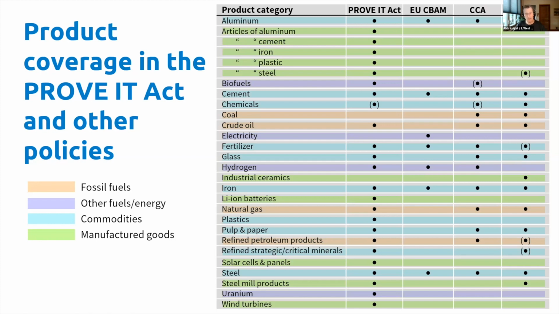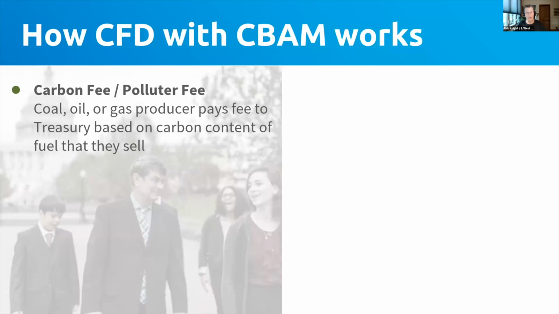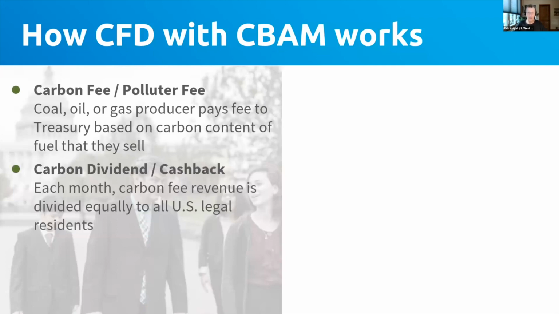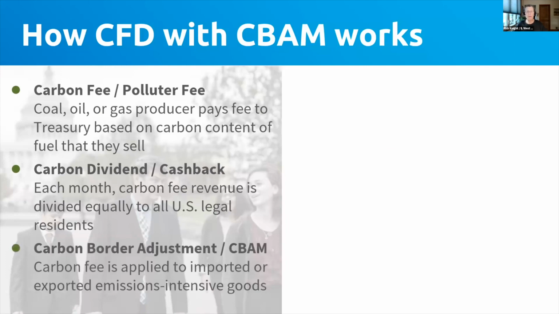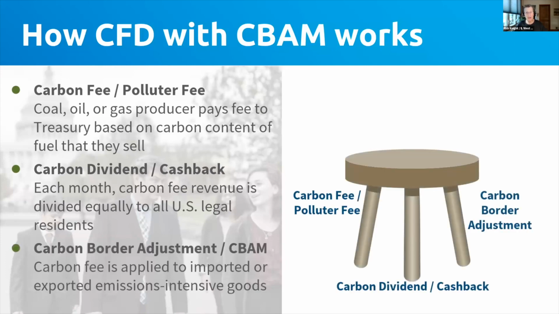So as Dana said, there are questions as to whether a CBAM would be in compliance with World Trade Organization rules if there is no internal carbon price. And this is why the carbon pricing bills, like the Energy Innovation Act, were designed where the CBAM is one of 3 complementary components. And the 3 are the carbon fee or carbon polluter fee, the carbon dividend or cashback, and the carbon border adjustment mechanism or CBAM.